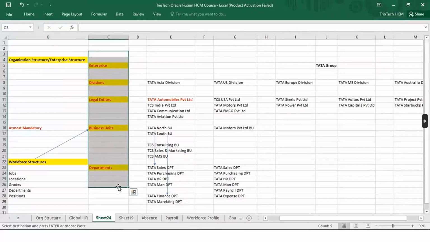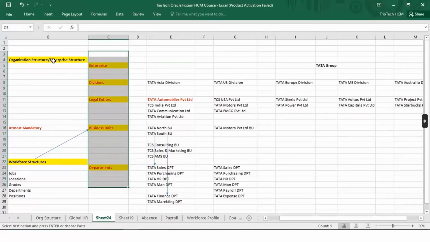When you go for an interview team, a very star market question, it might be an experienced interview of 5 years to 7 years or whatever it is, or a fresher interview also team. Any sort of interview that you are attending, in the core HR module, what is organization structure? Can you explain the enterprise or the organization structure in the Fusion system?